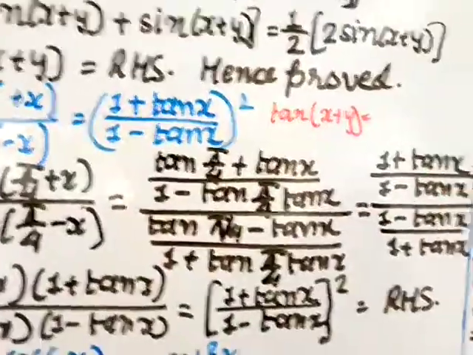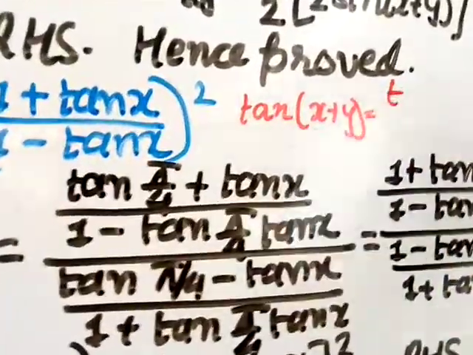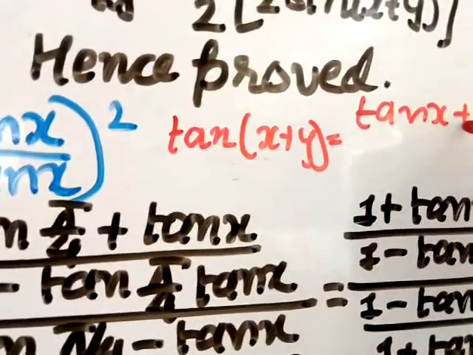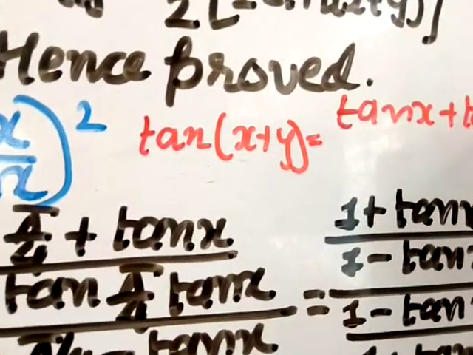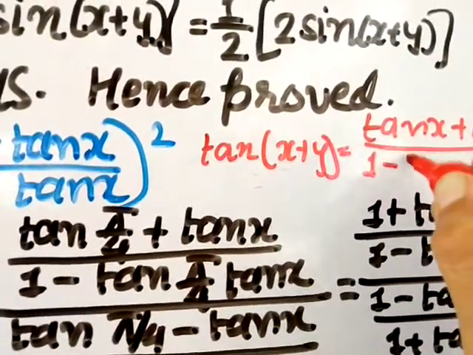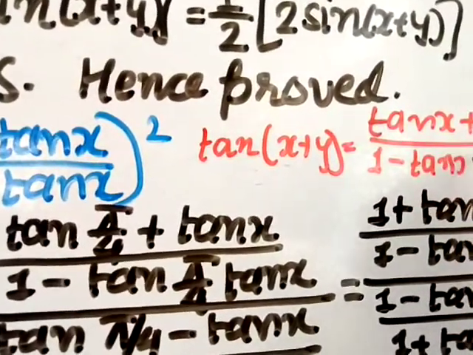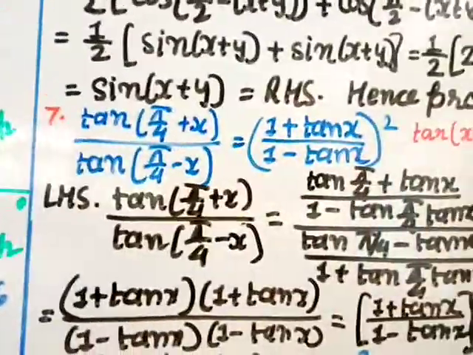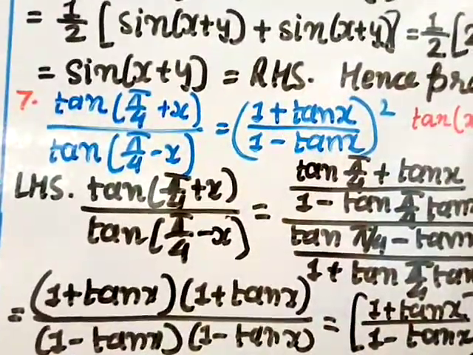Let me write it down for you. Tan of x plus y gives you tan x plus tan y divided by 1 minus tan x into tan y. Now here instead of x it is pi by 4, and instead of y it is x.